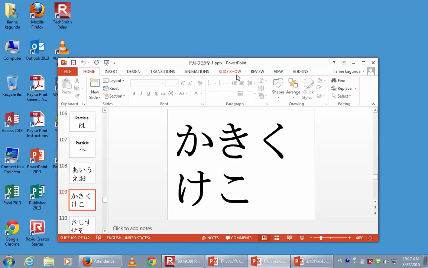Ichinensei. So the ichi part is one. The sei part we knew was a suffix for student. The nen part means year. So first year student, exactly, ichinensei. And depending on which kind of school the student is in, ichinensei could be first grade.